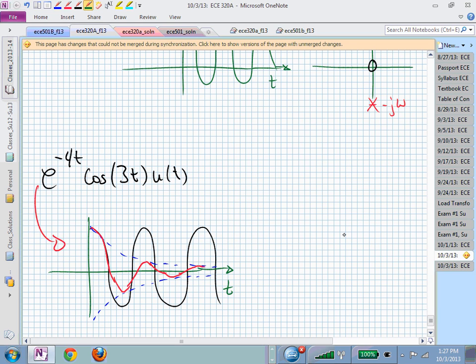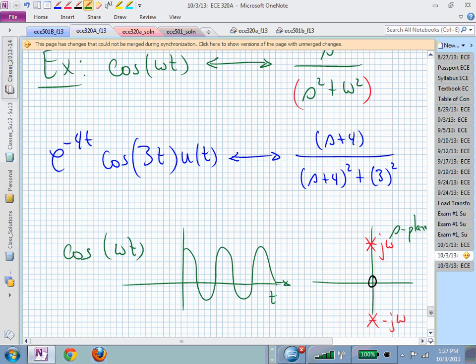In the complex S-plane, where are the poles for the transform of e to the minus 4t cosine of 3t? We now look for values of s that cause that denominator to vanish. And this expression is written in a very nice way for understanding where those poles are.